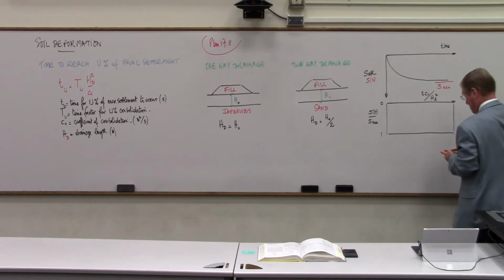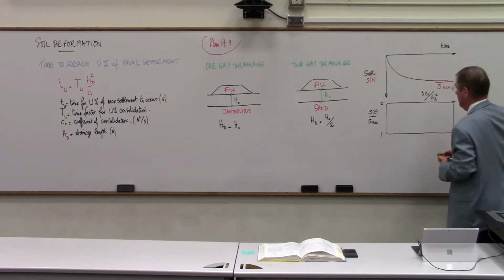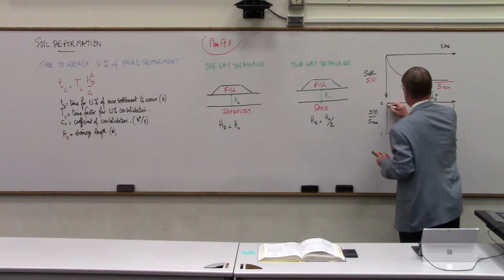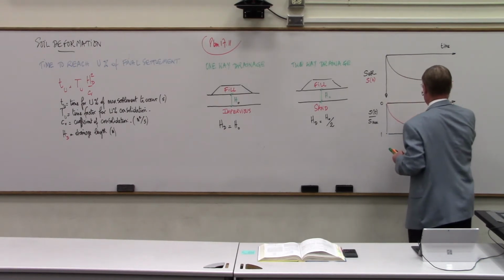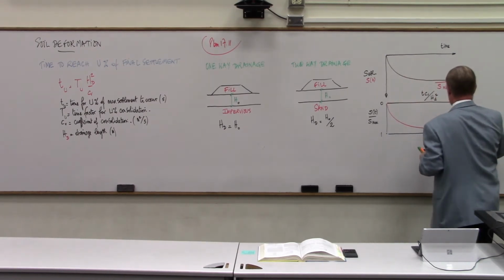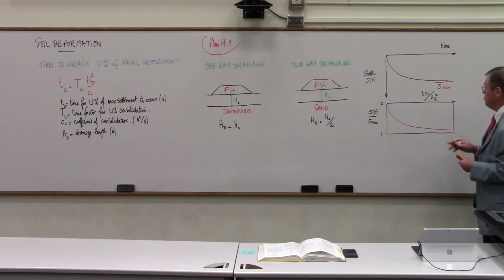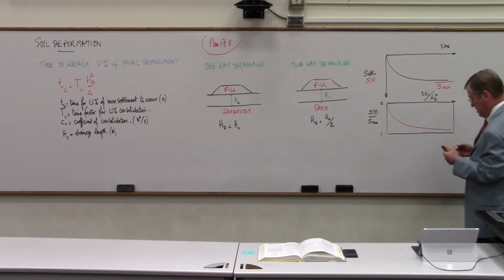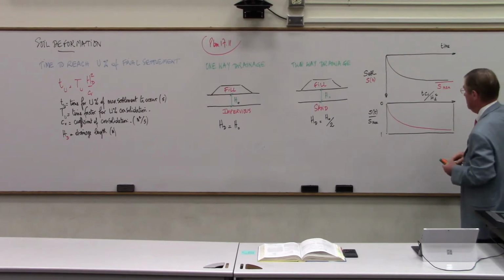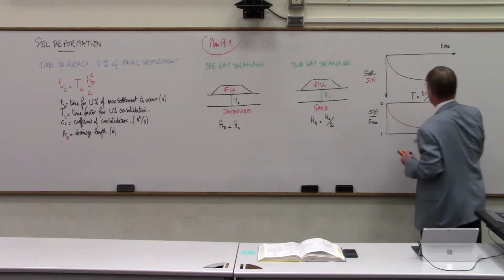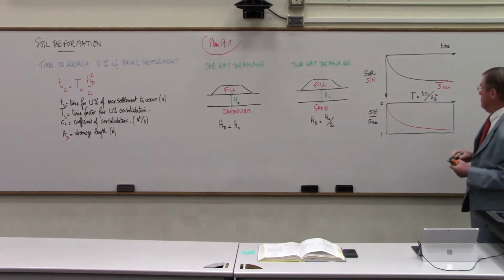And what I get is a curve that looks like this. It doesn't go to 1 because actually it takes an infinite amount of time to reach the maximum settlement. But on this curve, you can see that this is the time factor T, that's in that equation over there.